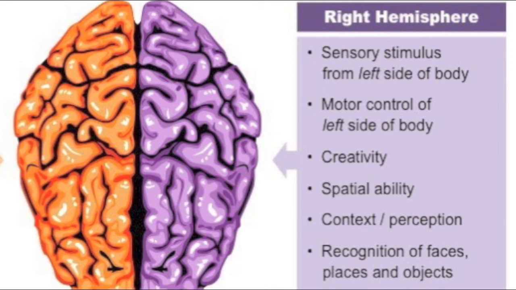Receiving visual information, facial recognition, intuition. Now that's something I actually excel in personally. Emotion, imagination, yeah, that's me too. Detecting motion and music and art, that's what I love. And as I said, the right side does control the left side of the body. So one of these sides you're probably going to be dominant on. I can tell you, I think I'm right side dominant. My husband is left side dominant, so we balance each other out.